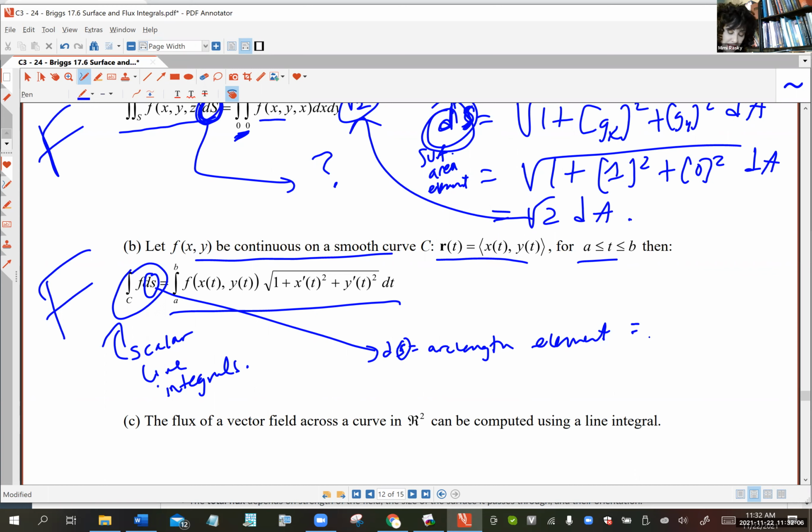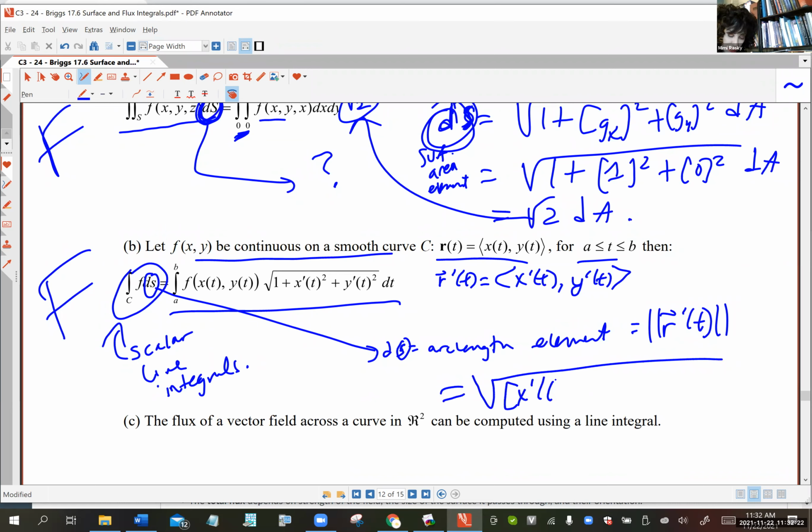So what is the arc length element? Do you remember that it's the magnitude of the velocity vector? So if you did get the velocity vector for this particular vector valued function, they didn't give us much to go on, but that's going to be the square root of the sum of the squares of that velocity vector. Yeah. And then you'd have a dt.